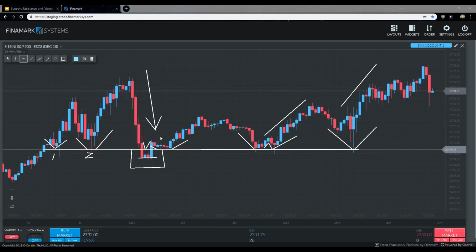By this third time over here, the fact that we were able to stabilize on top of this area of support after falling through with reckless abandon makes me like it even more. So at this point, I'm going to be very, very interested in some type of long opportunity. This area of support, this level, this proper recognition of support or resistance, being aware of this level in the market has now potentially provided me an entry opportunity.